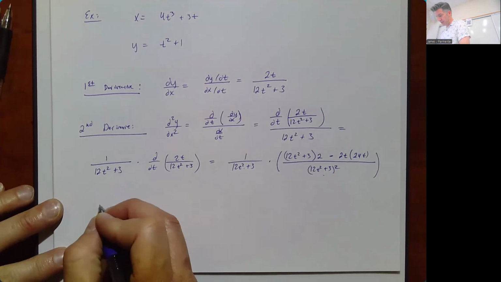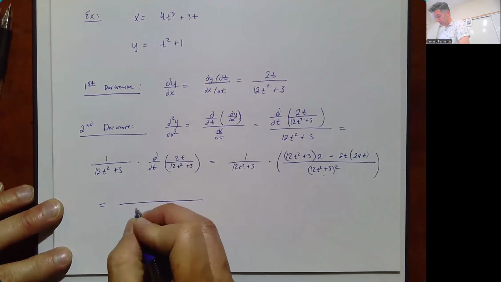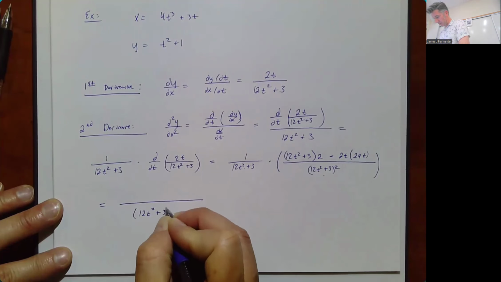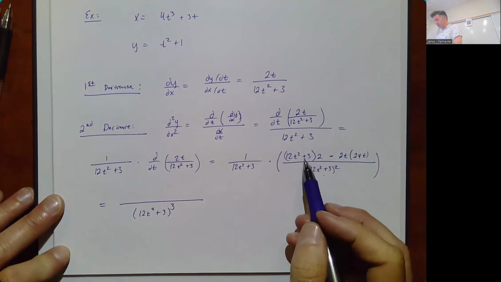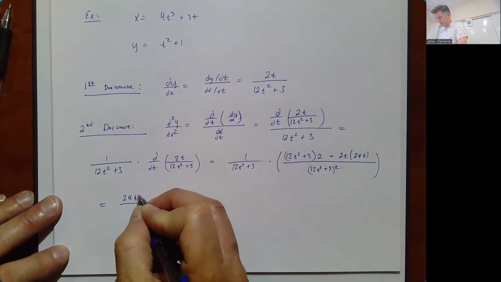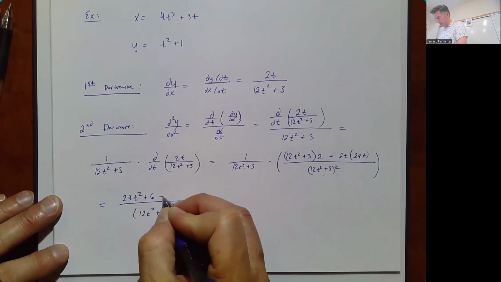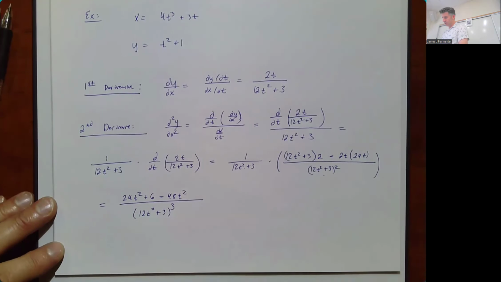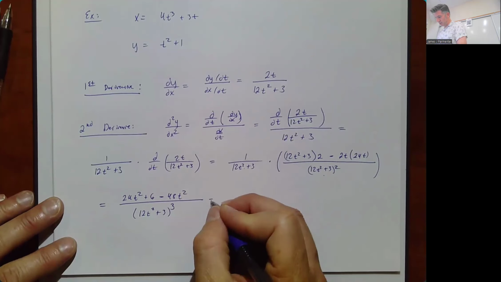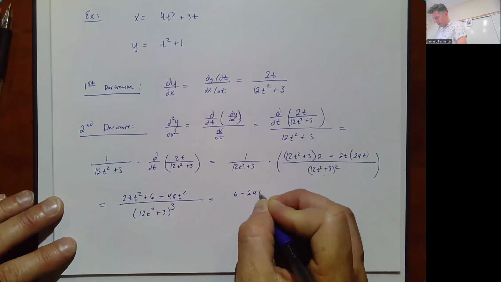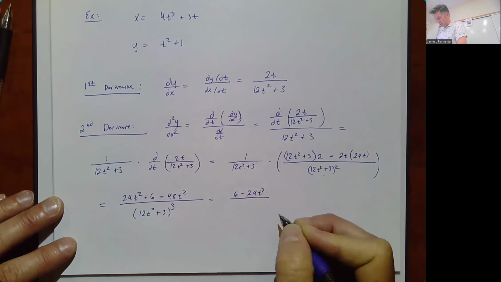So our second derivative is going to equal, well, the denominator at least is going to be 12t squared plus 3 quantity cubed. If we multiply out the numerator, we're going to get 24t squared plus 6 minus 48t squared, which ends up being 6 minus 24t squared over the same denominator.